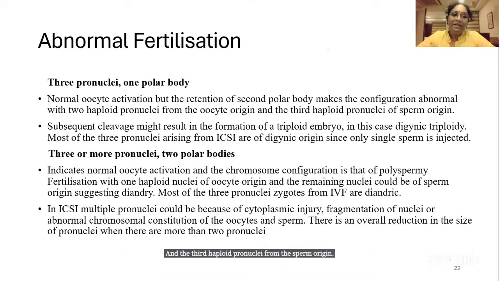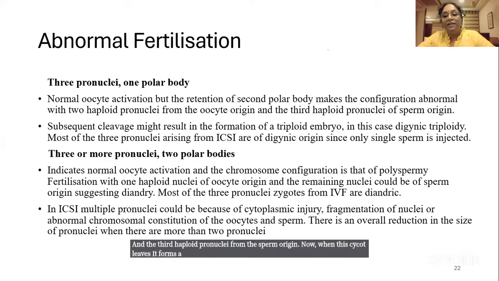Now, when this zygote cleaves, it forms a triploid embryo, and in this case, it will be digenic triploidy, that is from the oocyte origin. And most of the 3 pronuclei arising from ICSI are of digenic origin, since only a single sperm is injected.